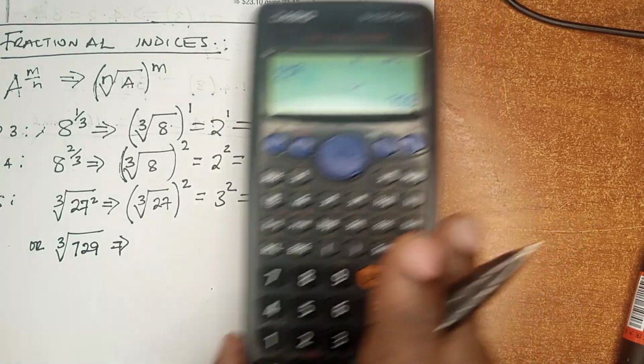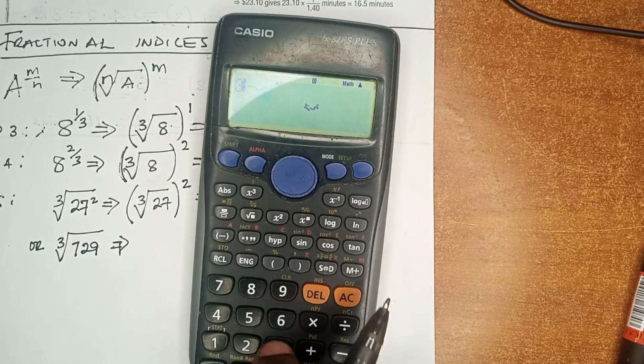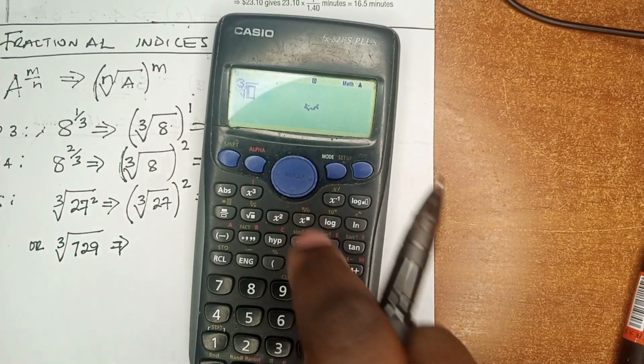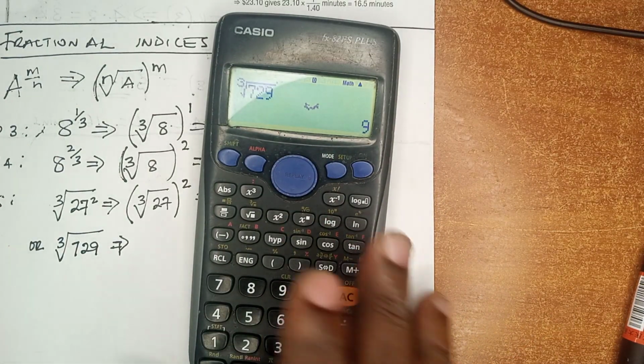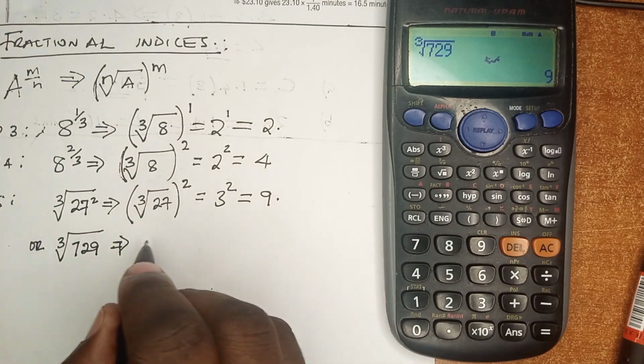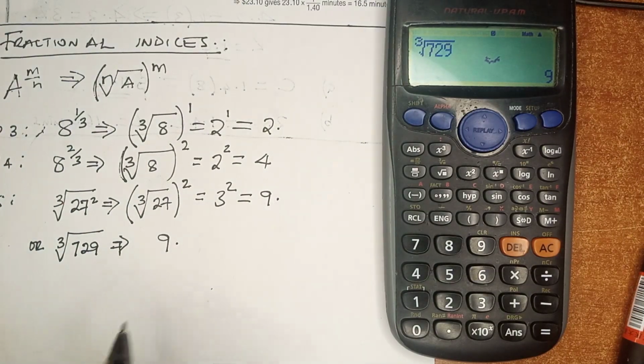And we just consult our calculator. The cube root, shift x raised to power 729, and the answer is directly a 9. That is another way.